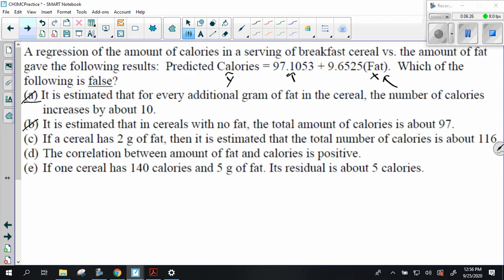So what we would have to do is substitute 2 in here and see if indeed we get something around 11. We'll get out the calculator and punch it in. It looks like that one is true as well. If you calculate 97.1053 plus this quantity, making sure to multiply by 2, that one's true.